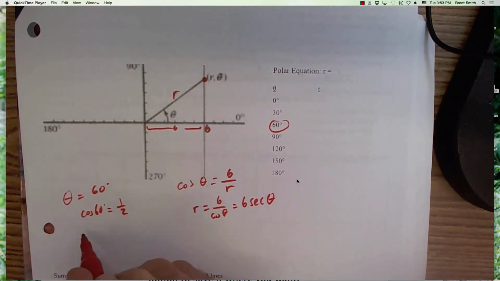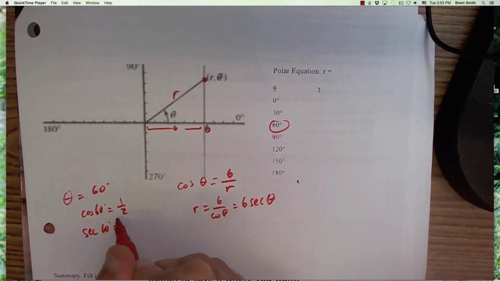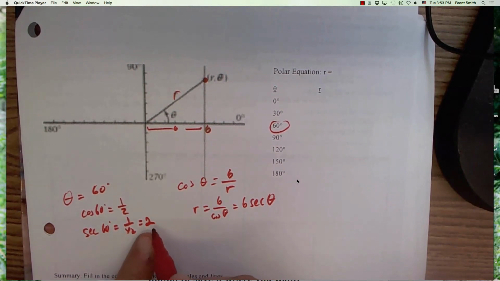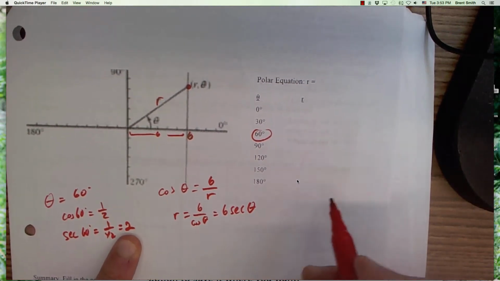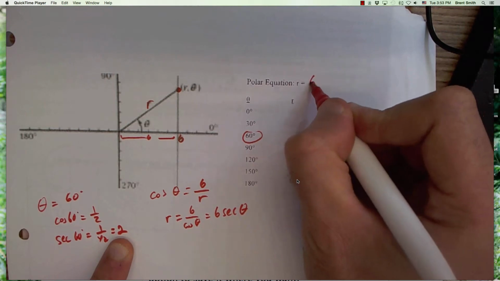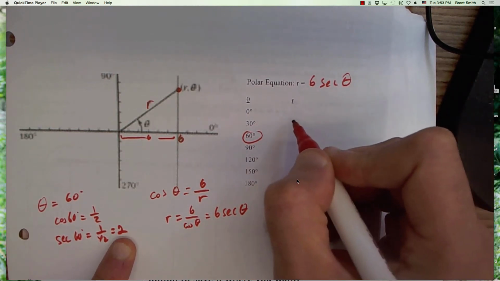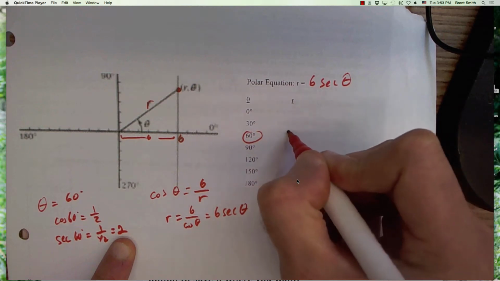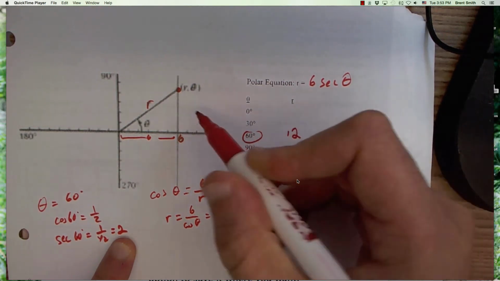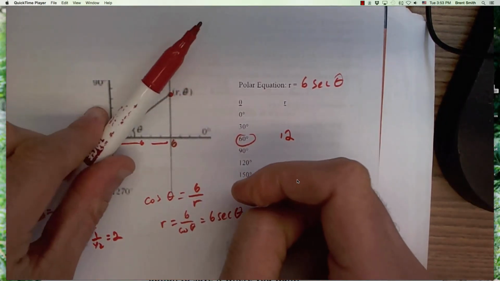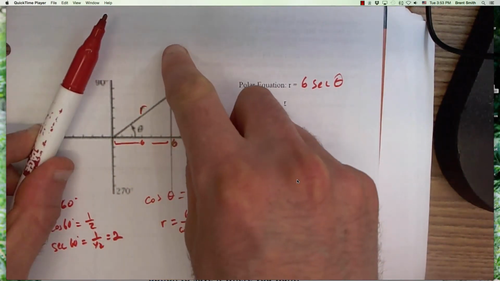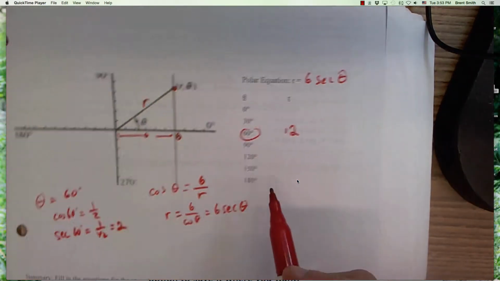So secant of 60 degrees would be 1 over 1/2, so it would be 2. If I plug that into my 6 secant theta, so 6 times 2, this would be 12. So at 60 degrees, you can kind of picture it being up there.